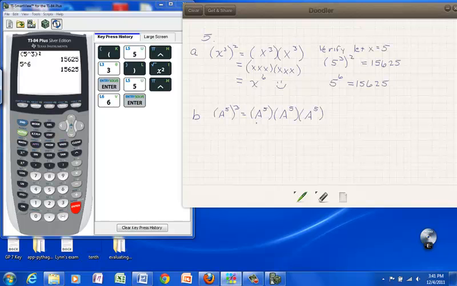Now I know some students will be able to think in their head, that's 5 A's and 5 more A's and 5 more A's, and they should be able to get right to the answer that in all that's 15 A's multiplied by themselves. If you can do that, that's great. If not, continue to expand.